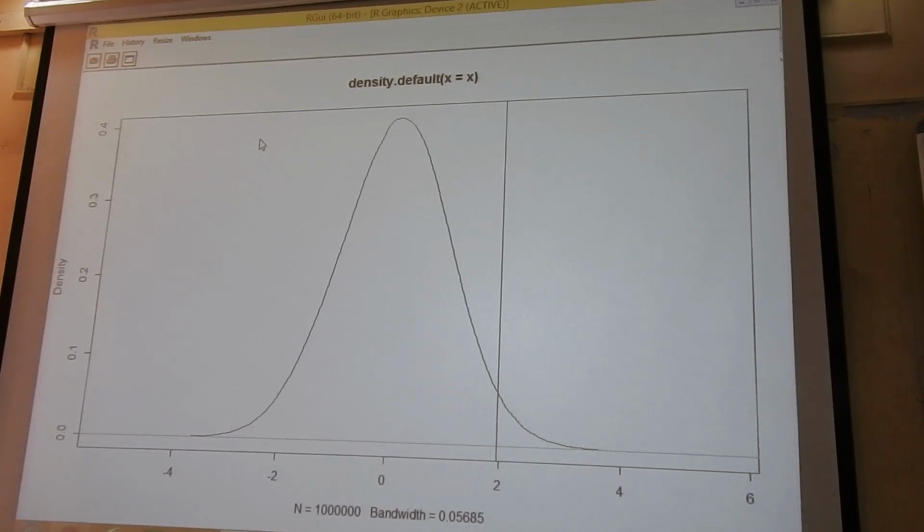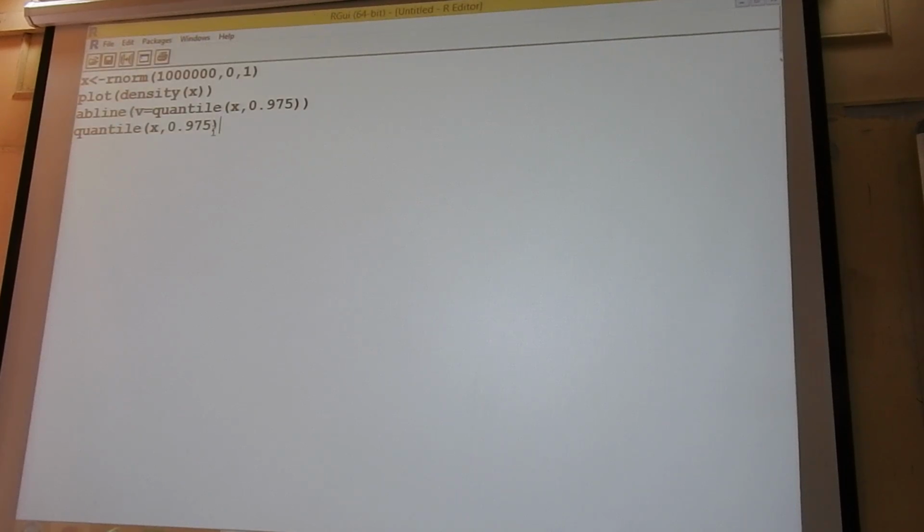So if I wanted to get the 50% quantile, what will I do? Where will the 50% quantile be? In the middle. It's a symmetric curve, so it will be in the middle, at 0, because 0 is the mean. So if I did this, 0.5.